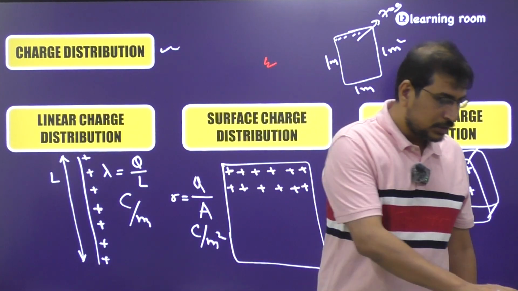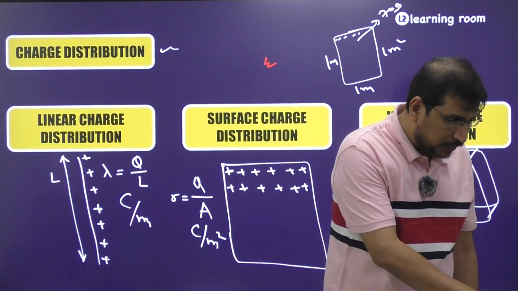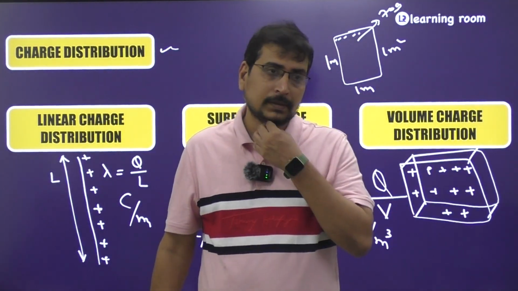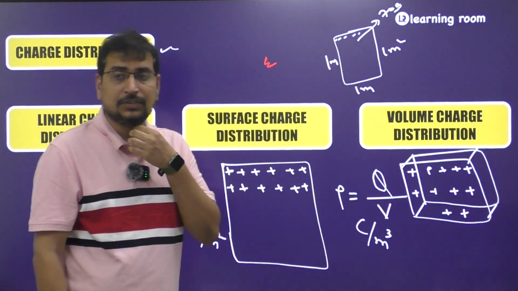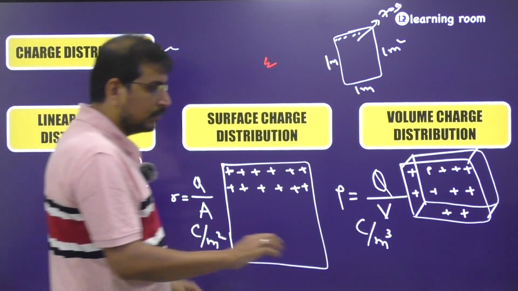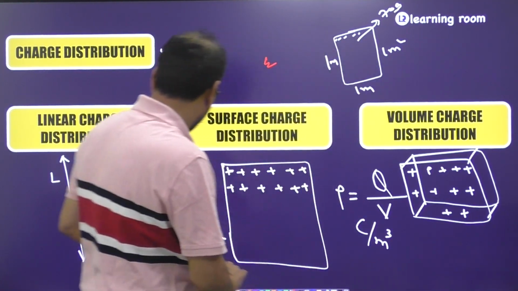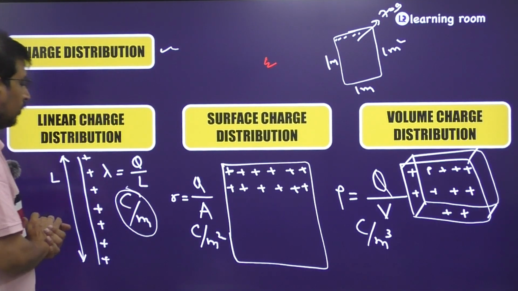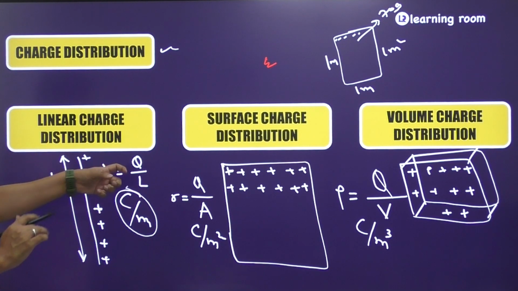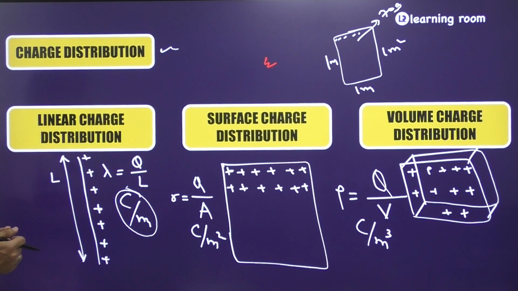The total charge per unit length is called linear charge density, and it has the unit of Coulomb per meter. It is the amount of charge per unit length. Am I clear with this?